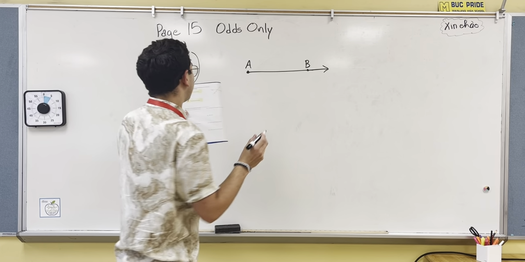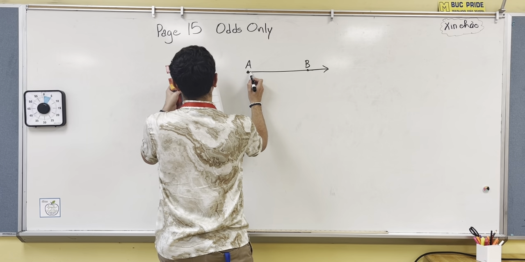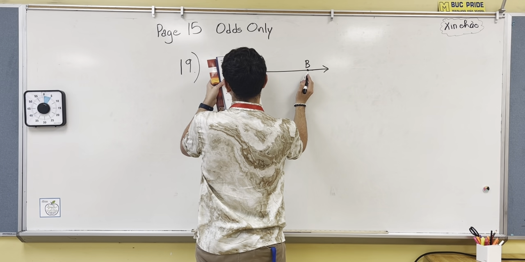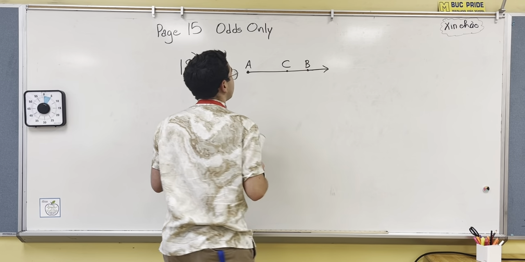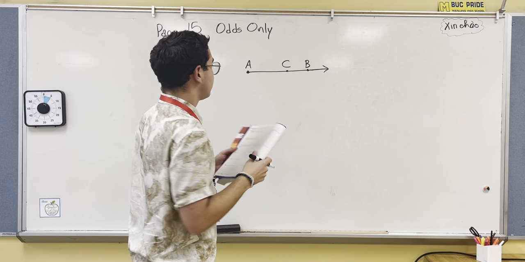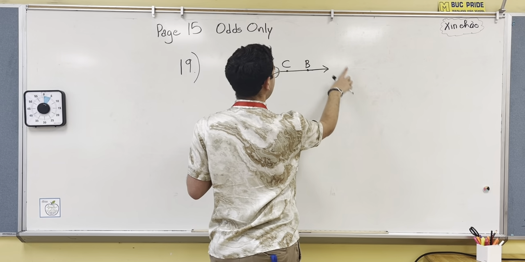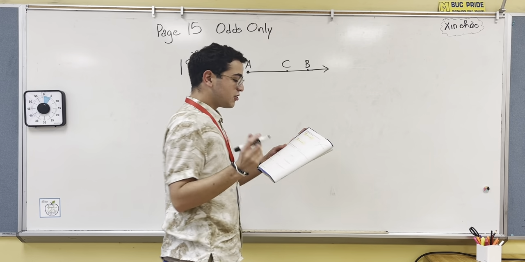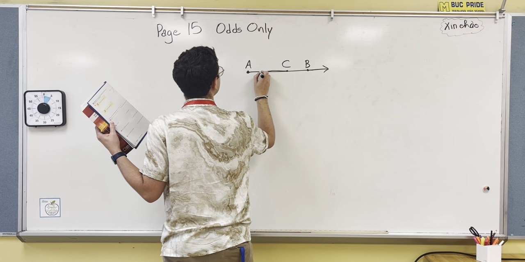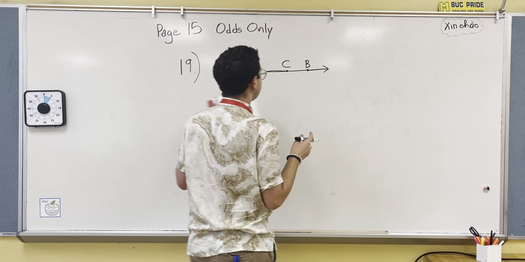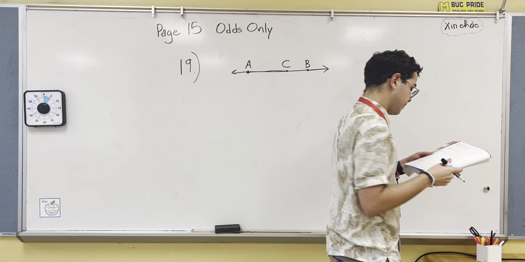Here we know that when we start at A, we're going to get to C, but it doesn't necessarily have to be before or after B. So the C could be after, the C could be before, but this shows that the line actually does continue on forever even after point A. So that would be the final figure.